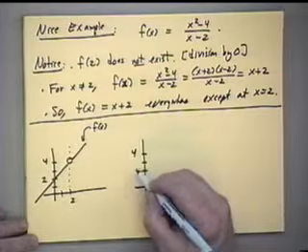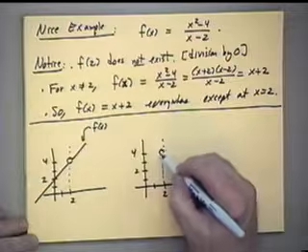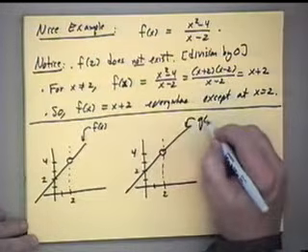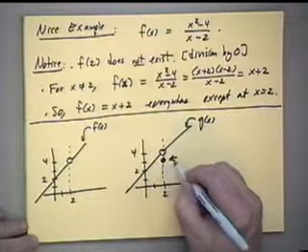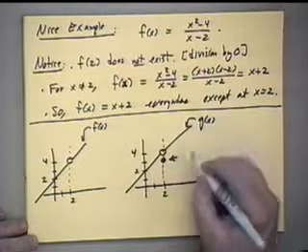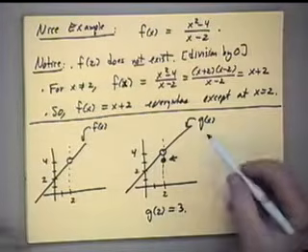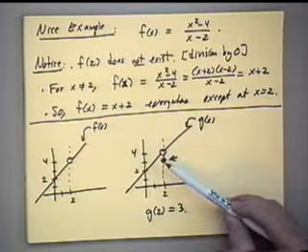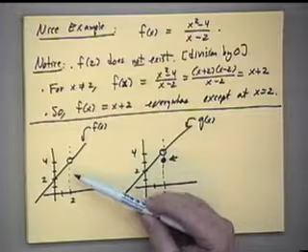So let me first draw it as much like the other one as I can here. We're going to call this function g of x, and we will put a value here. That's the new value, so that g of 2 will be equal to 3. So g of x looks exactly like f of x everywhere else. At this point, however, it's got a value of 3, which the original f of x did not.